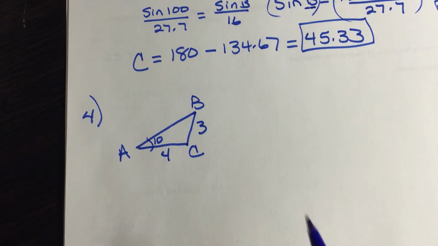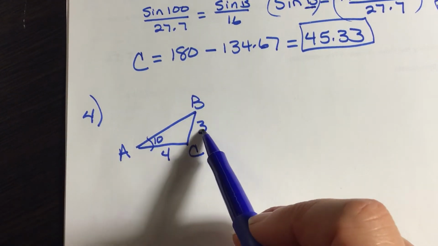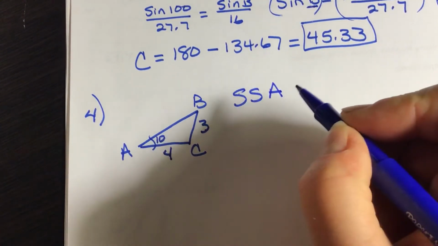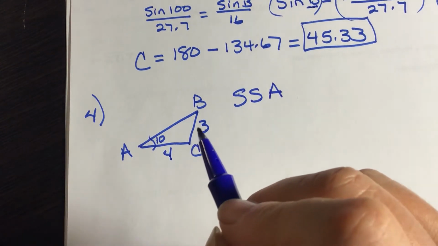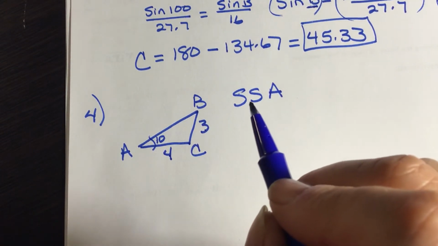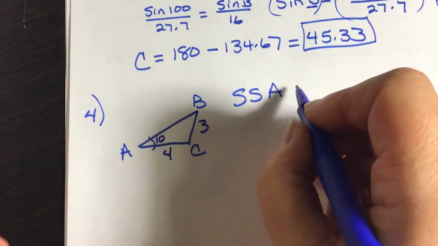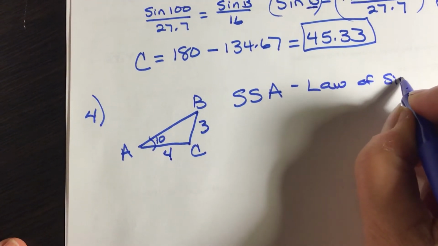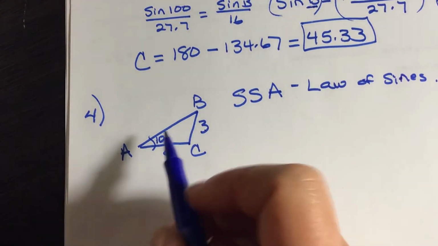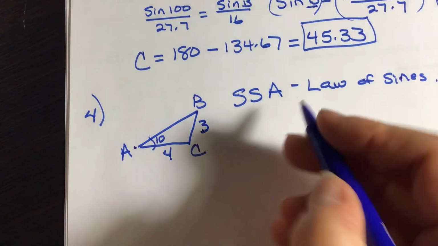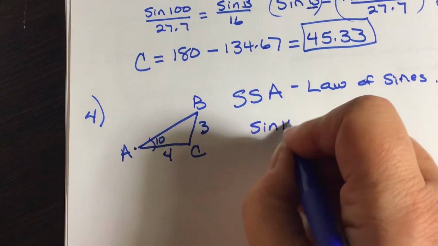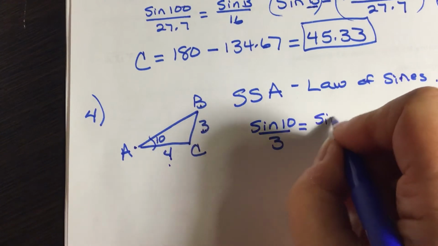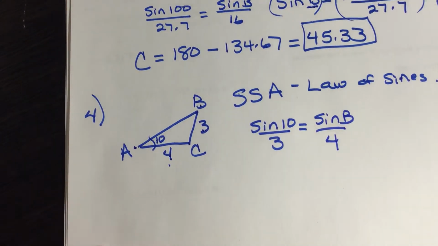So in this case, I have a side and an angle. If I have side, angle, I am going to use law of sines. So I'm going to do sine of 10 over 3 equals sine of B over 4.